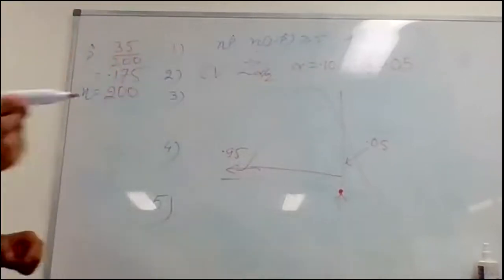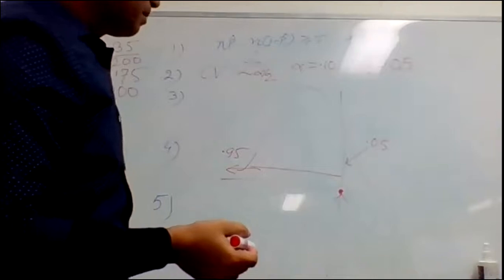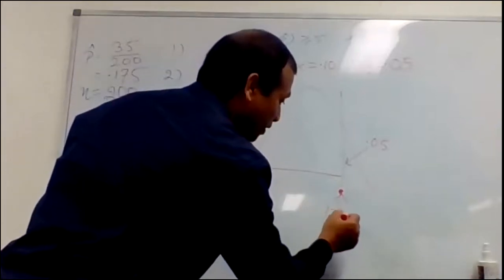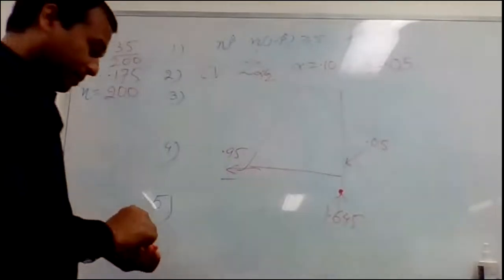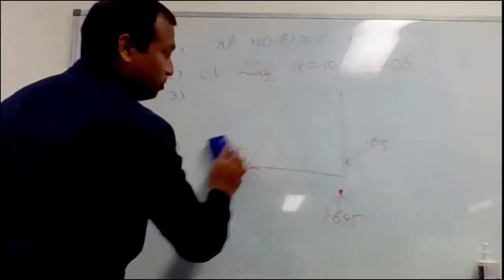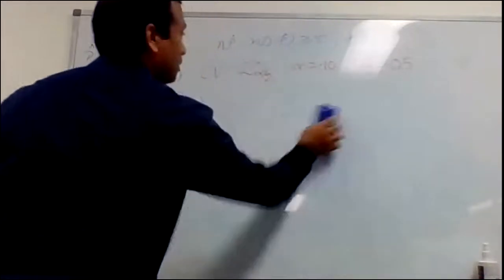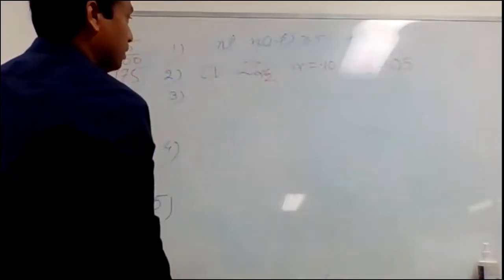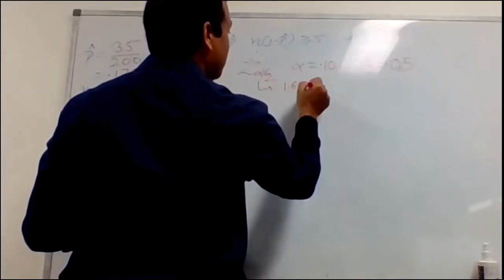At 0.95, use the Z-score table and find out this critical value, 1.645. Exactly. So the Z value is 1.645.